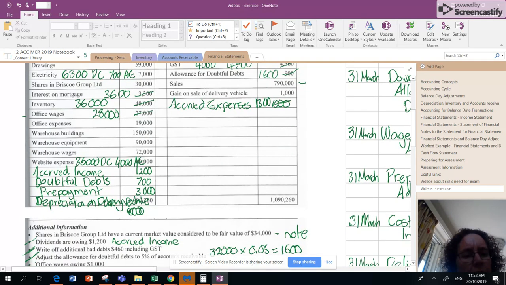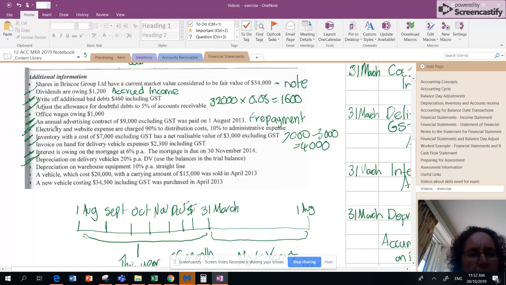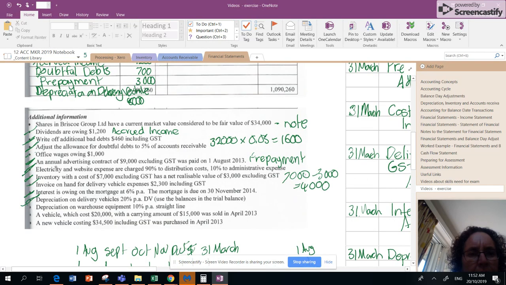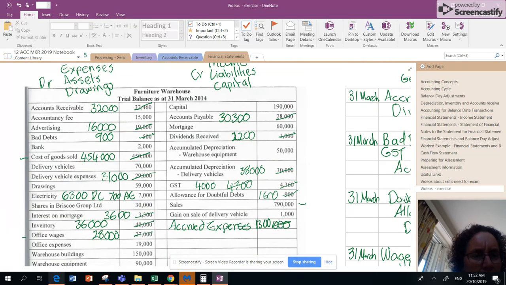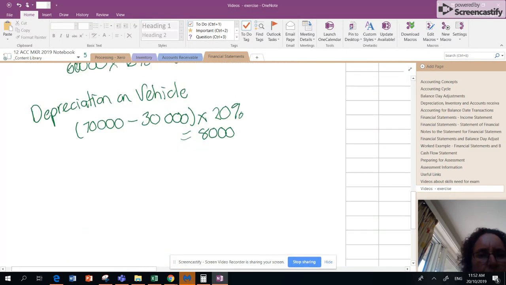Right, now we're going to do the same thing, but this time it's straight line for our warehouse equipment. So straight line is just going to be our historical cost for warehouse equipment, 90,000. If they give you a residual value, you would take that off.